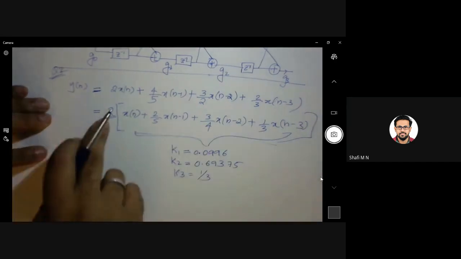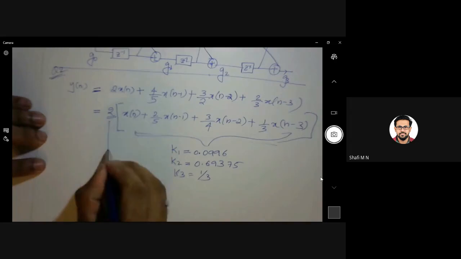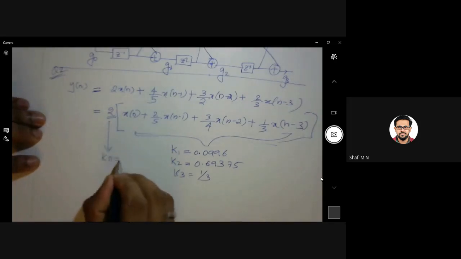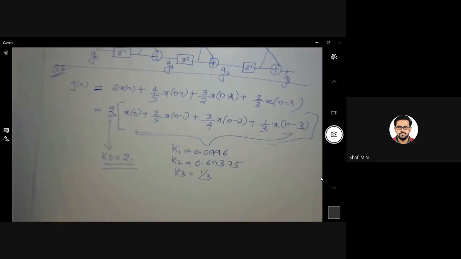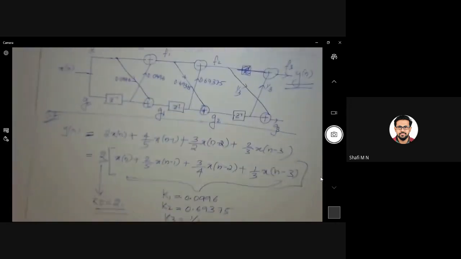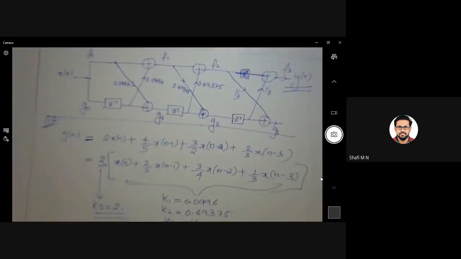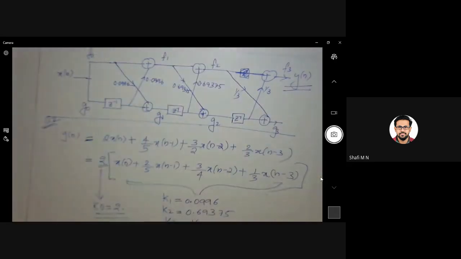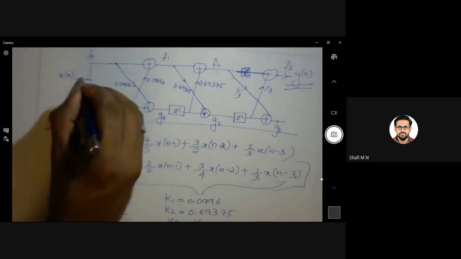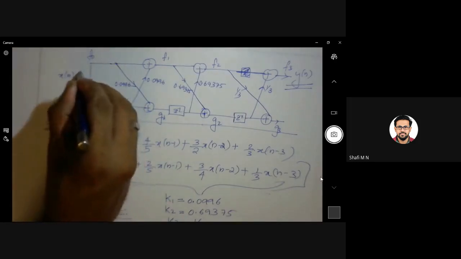Now the only difference is you have multiplied with 2 and this 2 is nothing but your k naught. You can write k naught is equal to 2. Understood? So how can you show this k naught? We just need to represent the 2 here.